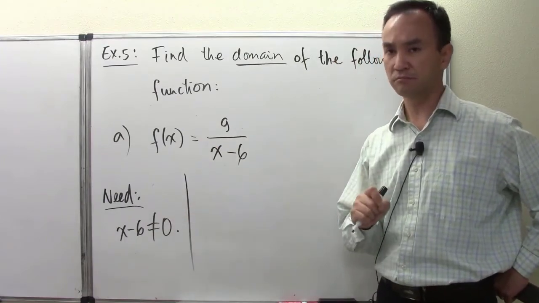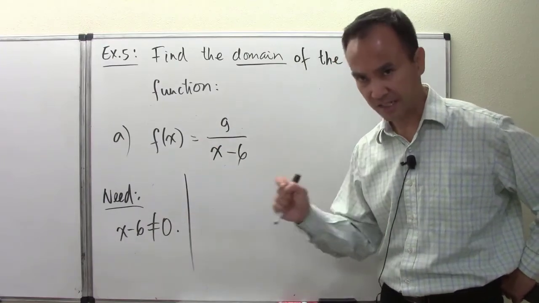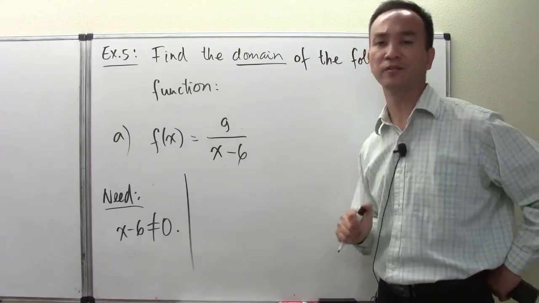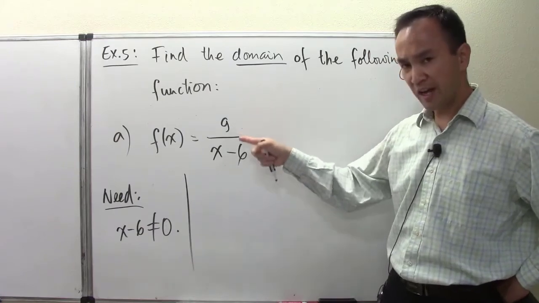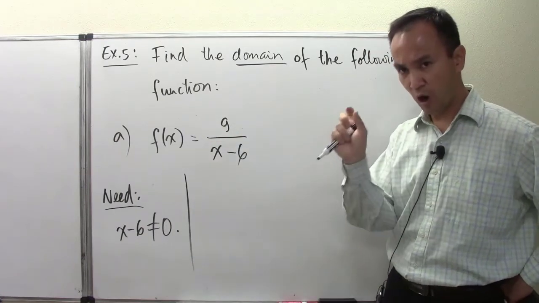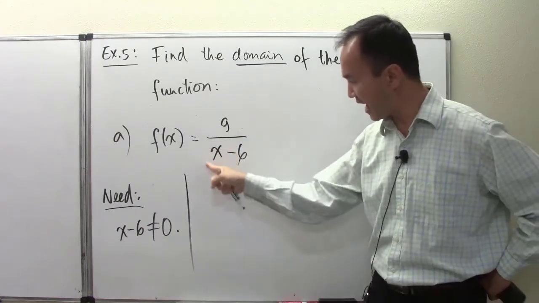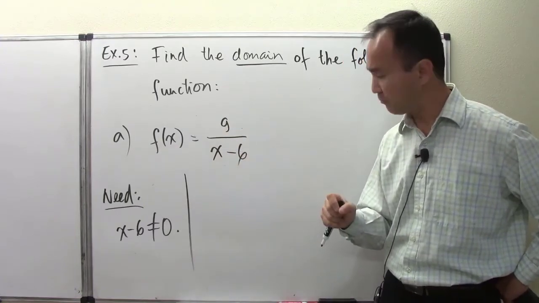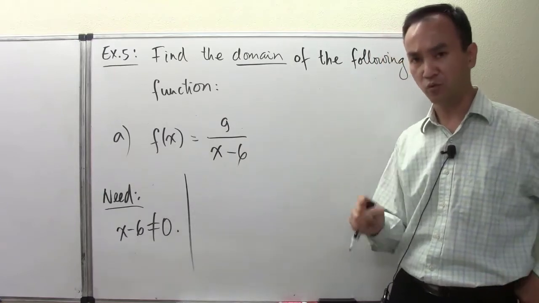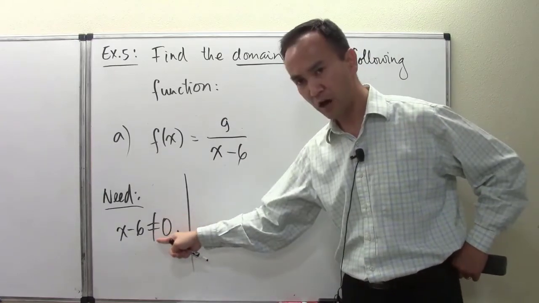Anytime we have an expression that has some denominator, it could be x minus 6, or it could be something else complicated, we take the whole denominator and ensure it's not equal to 0.